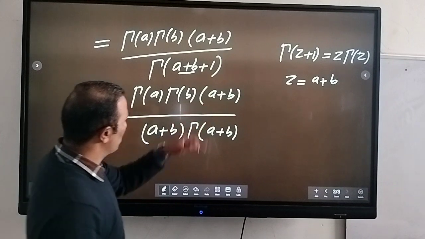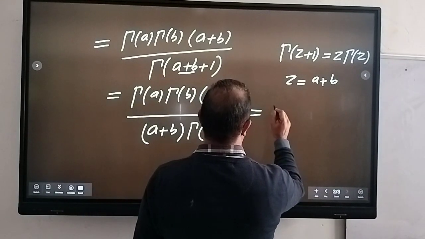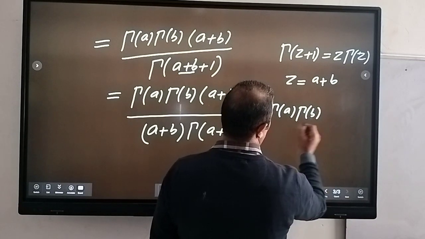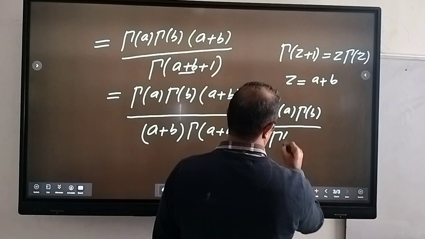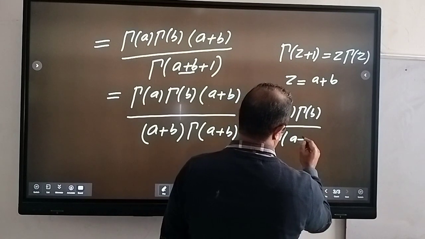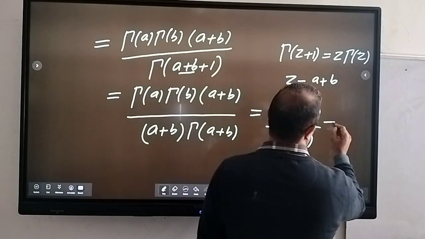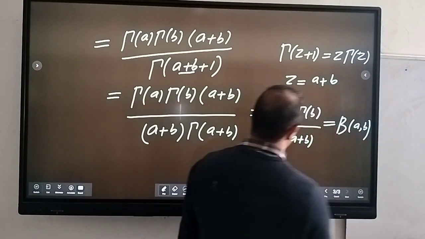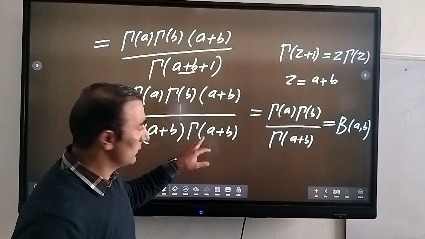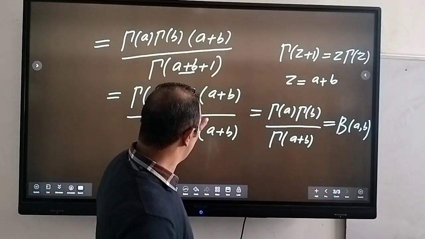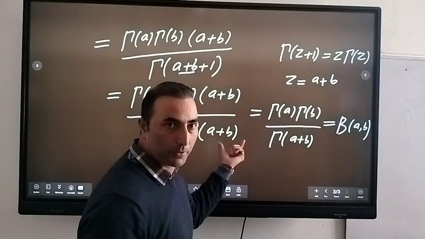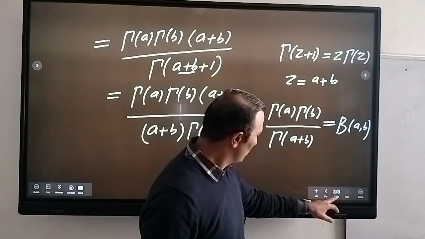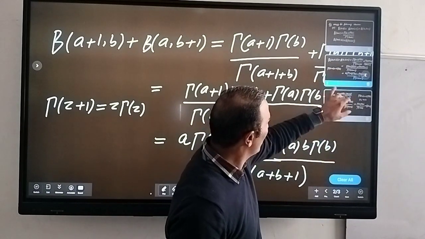Okay. Now this a plus b cancels, because this a plus b will cancel. So in the numerator we have gamma a and gamma b, and in the denominator we have gamma a plus b. So what is this equal to? That's our beta function, because beta of a b is, so how can we rewrite this?